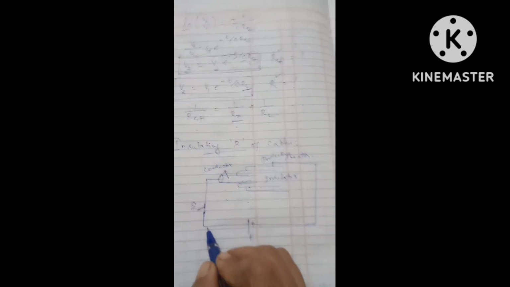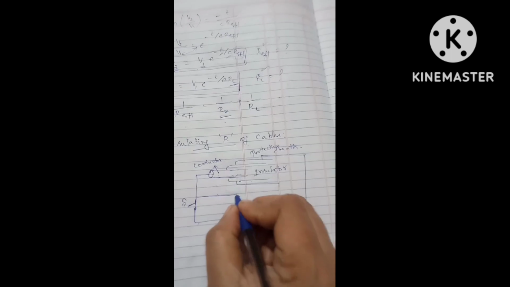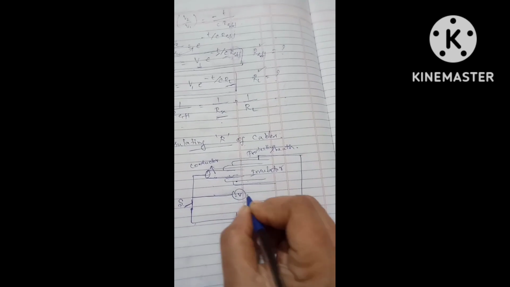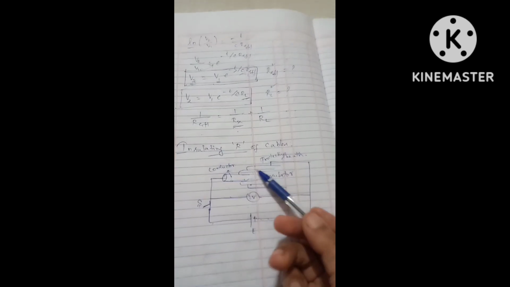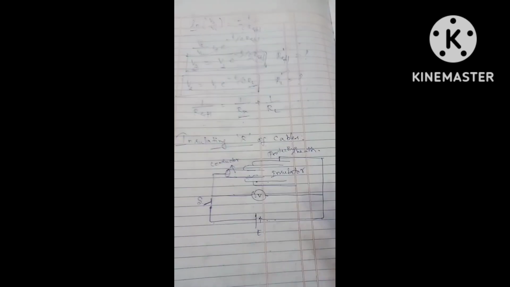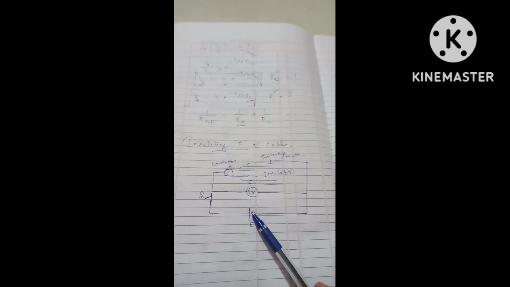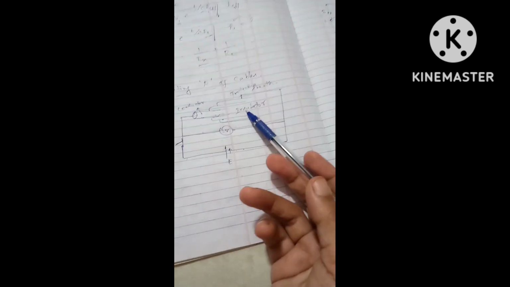After it gets charged, it is disconnected from the source, and at every time instant we measure the voltage across this insulating material by means of a voltmeter. In the same way as we discussed earlier, we can use the same method for measuring the resistance of this cable also.